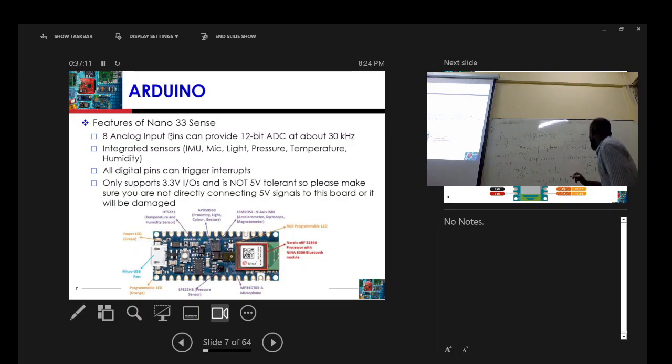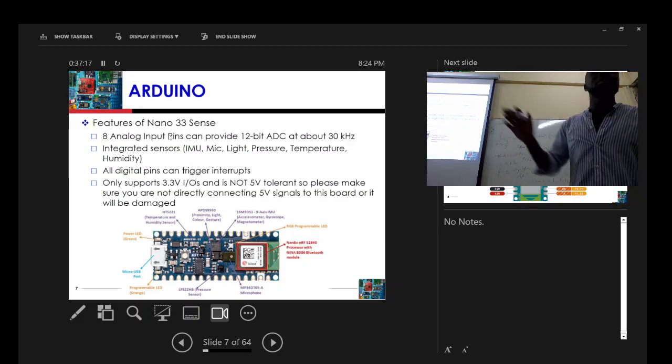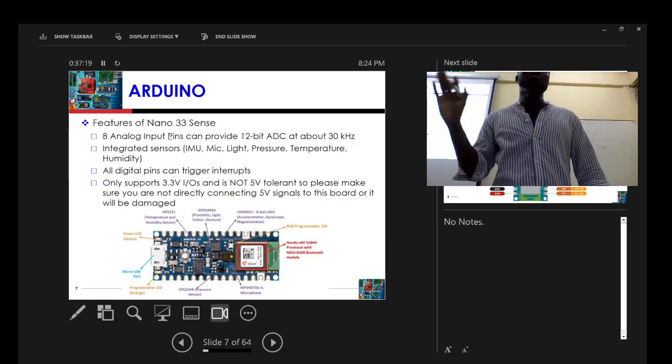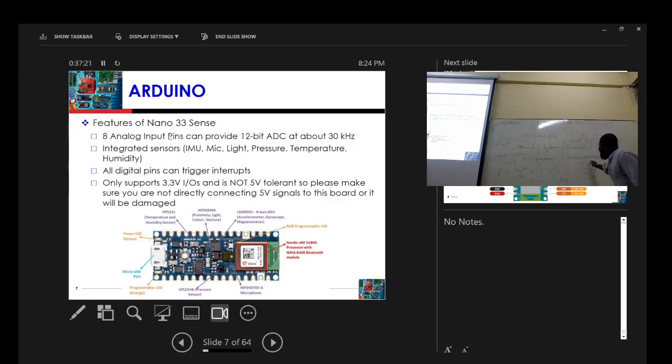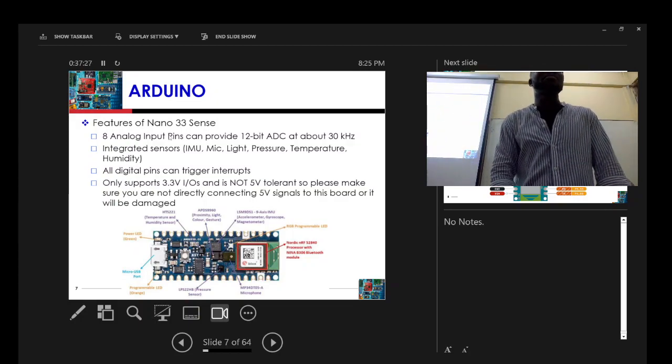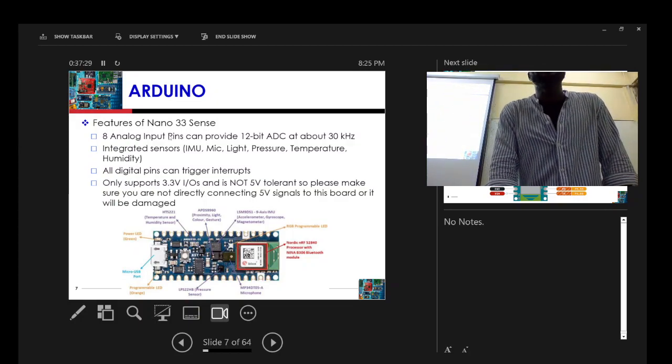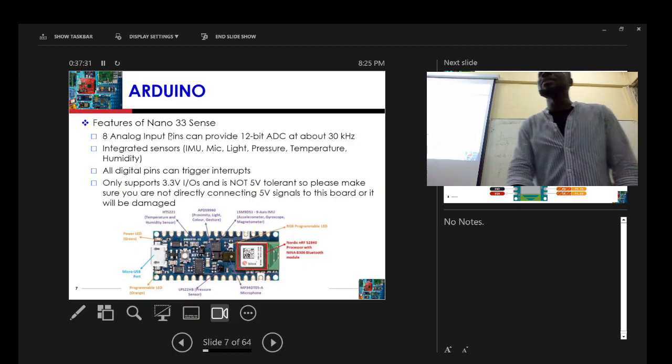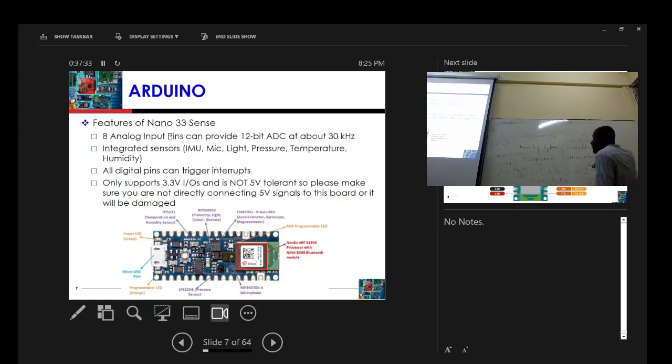It can take values from 0 to 2 to the power 12 minus 1. Do you understand this? I think you have already done it in signals and systems or whatever course it is. So what is 2 to the power 12?